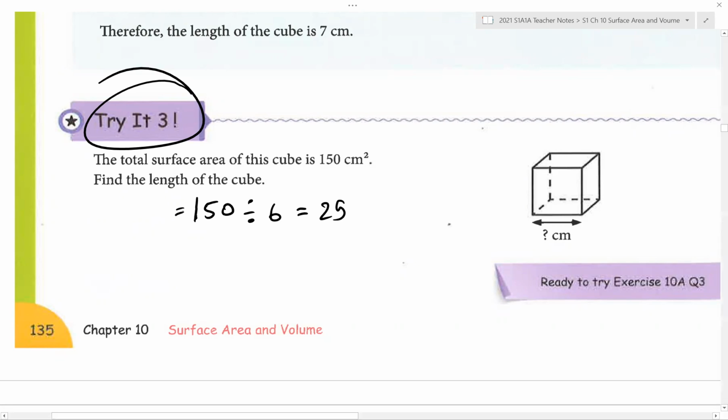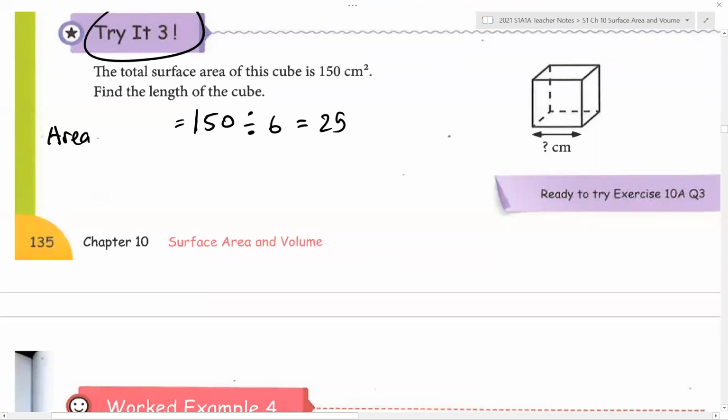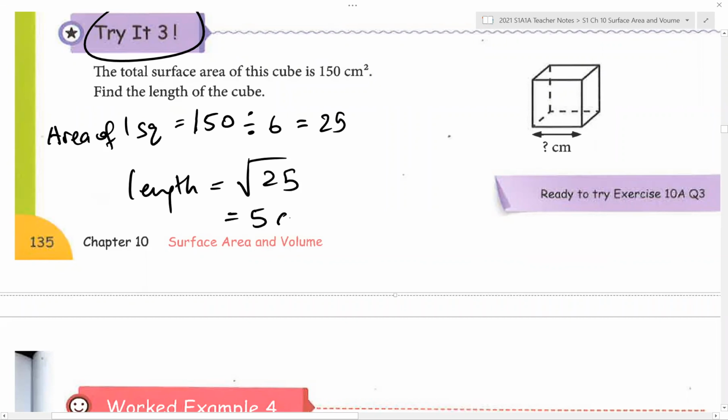One square has area of 25. So it calls area of one square. Okay, area of one square is 25. So length, square root 25 to give us 5 cm.